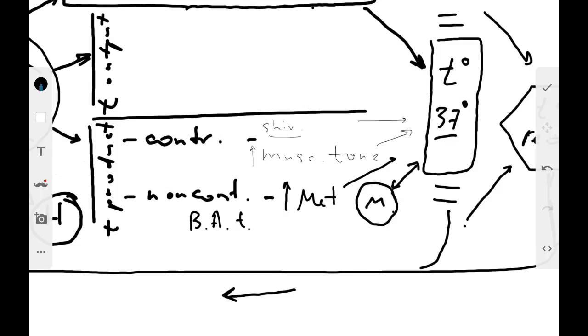Brown adipose tissue, in contrast with white adipose tissue, when it is broken down, produces much more heat, because in this tissue uncoupling goes very intensively.